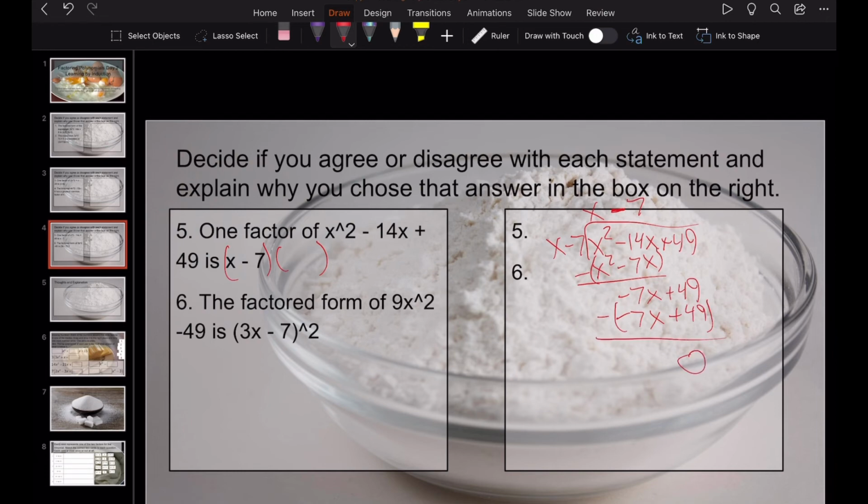It did go in there evenly, and the other factor is going to be x minus 7. So number 5 would be an agree.